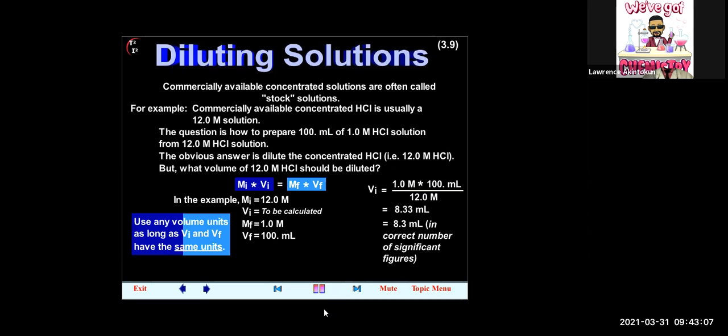Vi equals 8.33 milliliters. Use any volume units as long as Vi and Vf have the same units.